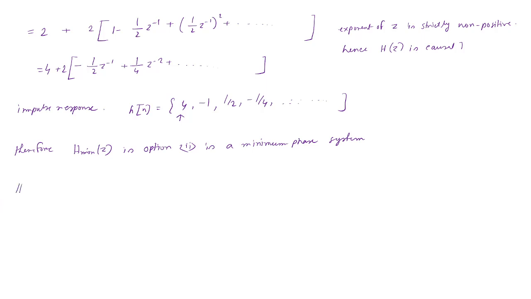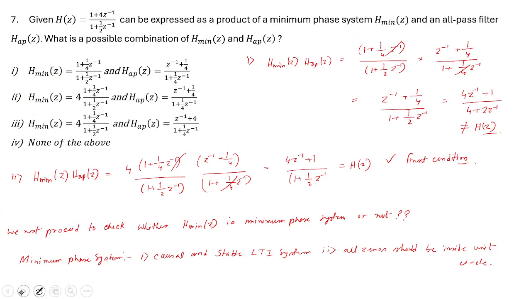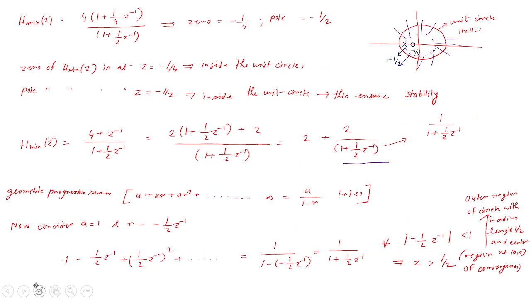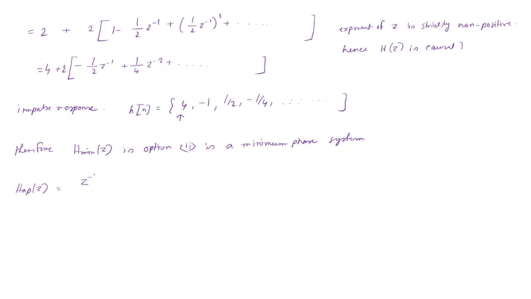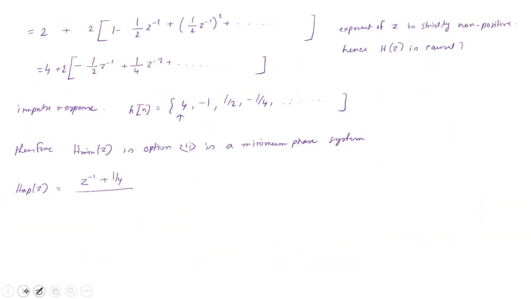Next we will proceed to check H_AP of Z, whether it's an all pass filter transfer function or not, which is given as Z inverse plus 1 by 4 over 1 plus 1 by 4 Z inverse. Now you evaluate H_AP at z equal to e to the power j omega.